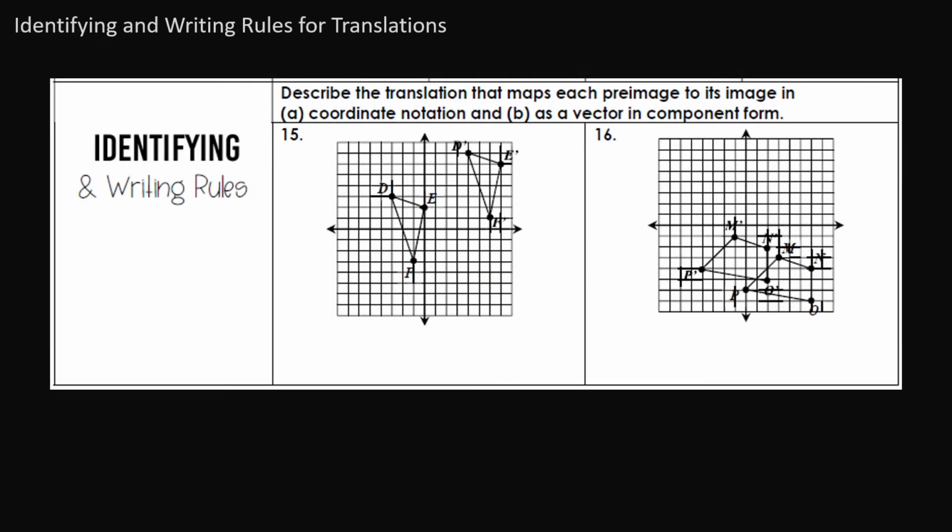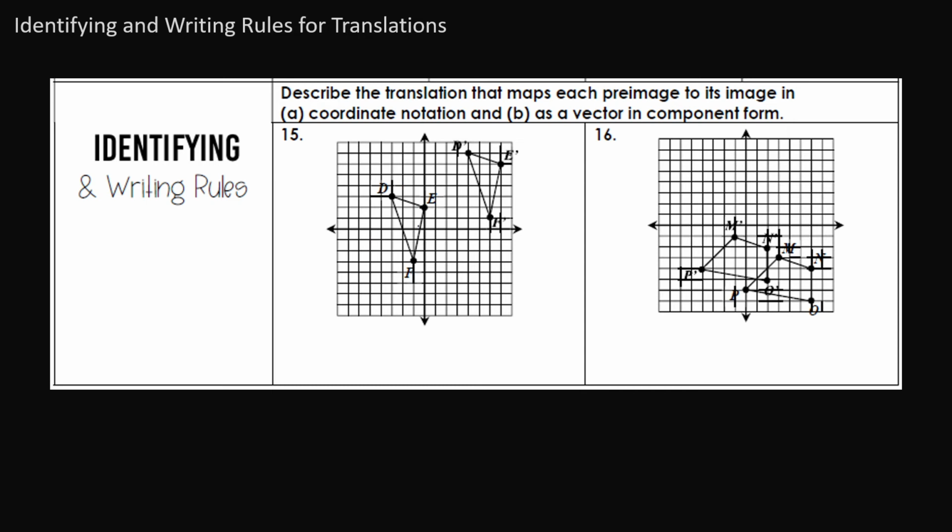One last concept, we're going to identify and write rules for vectors when we're given translations on our screen. So we are going to describe a translation that maps each pre-image to its image in coordinate notation and as a vector in component form.